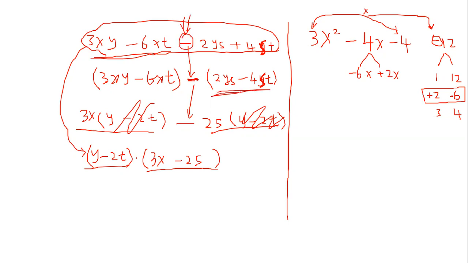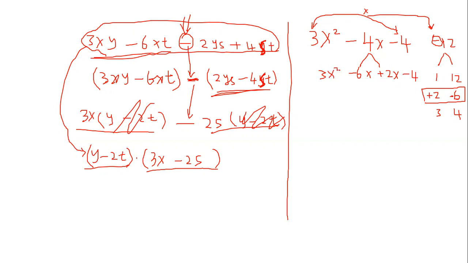If this is positive, you don't need to change anything in the second parenthesis. That's why I prefer to put a positive there. If both are negative, it doesn't matter. Then bring down the rest of the terms, -4 and 3x squared.